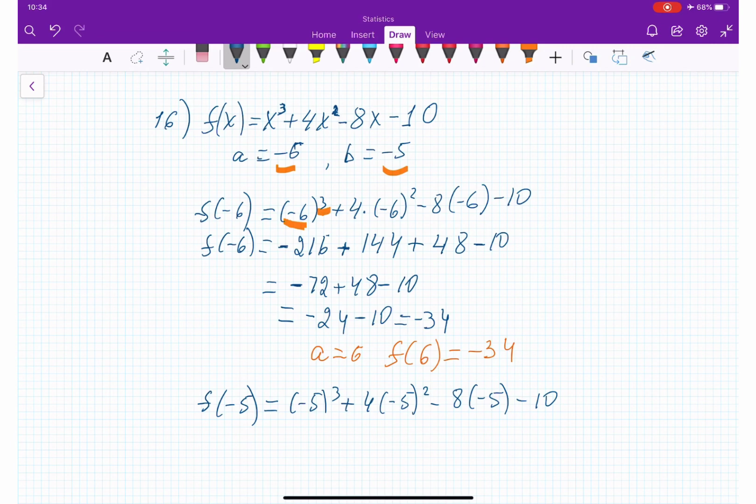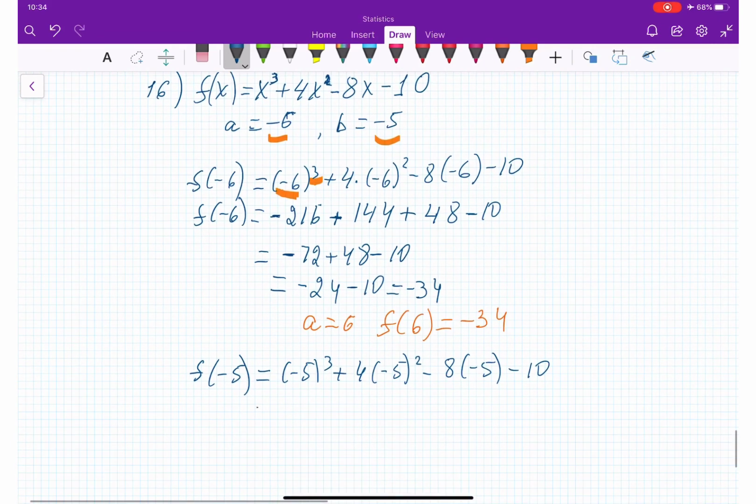Negative 5 cubed is negative 125. Negative 5 squared is positive 25, and 25 times 4 is 100. Then negative 8 times negative 5 is plus 40, and minus 10.